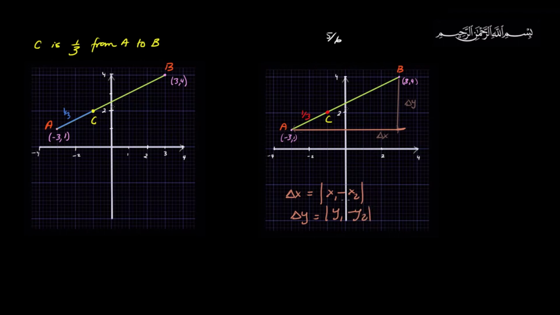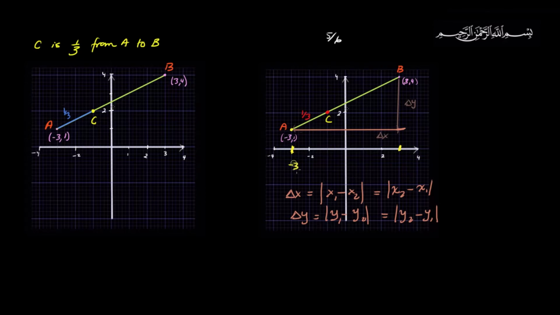Now, it doesn't matter if it's x1, x2, y1, y2, because they will amount to the same thing. I could have rewritten this as x2 minus x1 and this as y2 minus y1, and that would be the same thing. That's kind of complicated sounding, but kind of cool looking actually. But this change in x simply means, what's the difference between the ordered pair from here to here on the x-axis?